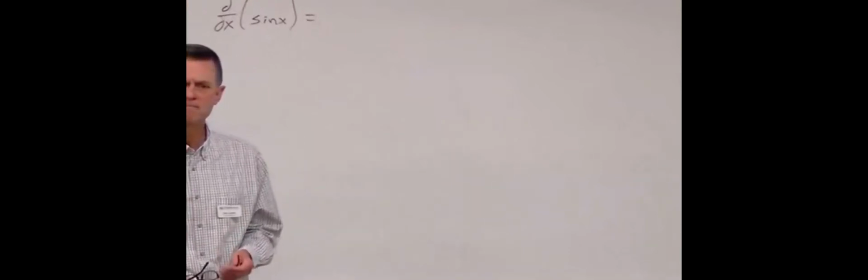Going back on a good review, what's the definition of derivative? The limit as h goes to 0, and we're going to plug x plus h into this function, so that would be the sine of x plus h, and then minus, plug in an x, sine of x, all divided by h.